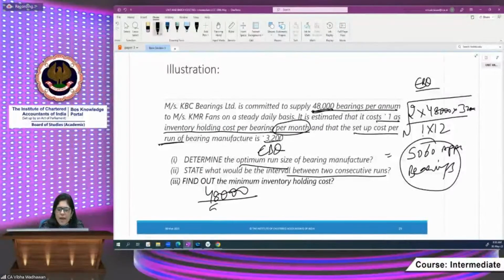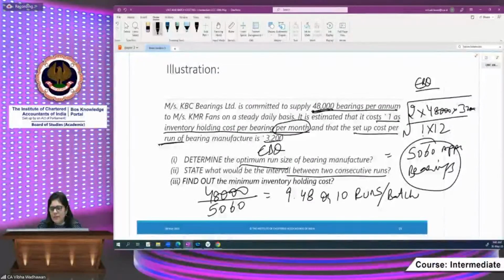In one batch, 5060 bearings are produced. So how many runs? 48,000 divided by 5060. It comes to 9.48, or you can say 10 runs. You have to run 10 batches approximately to produce 48,000 bearings.